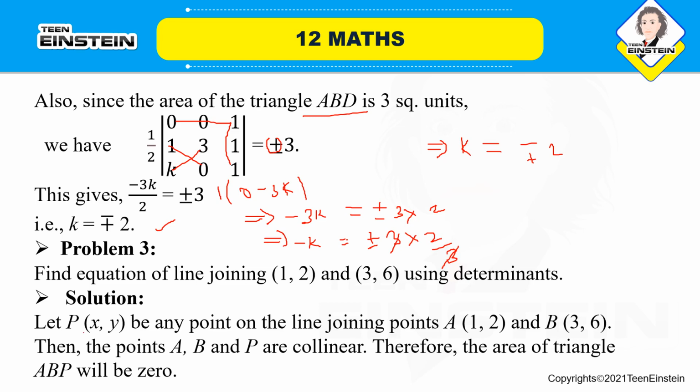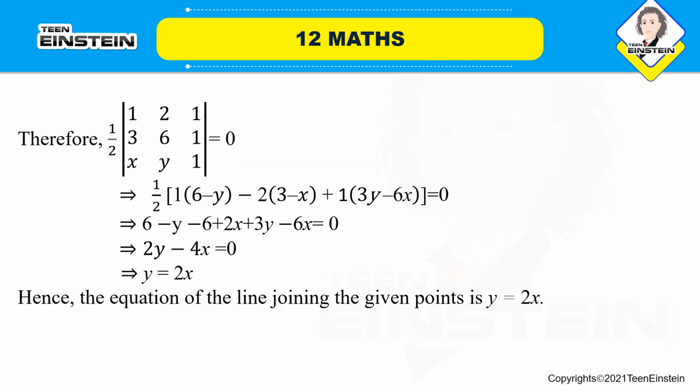So for that I have to consider a point, say P of x comma y, on the line joining the 2 points A of 1 comma 2 and B of 3 comma 6. The first point is taken as A of 1 comma 2 and the second point is taken as B of 3 comma 6. Then the 3 points A, B, P are collinear. Therefore the area of the triangle ABP will be 0.